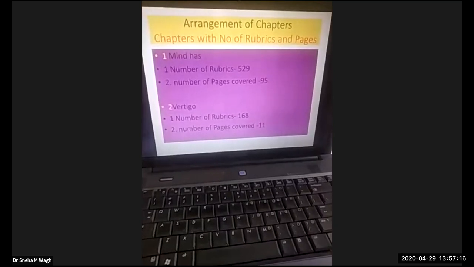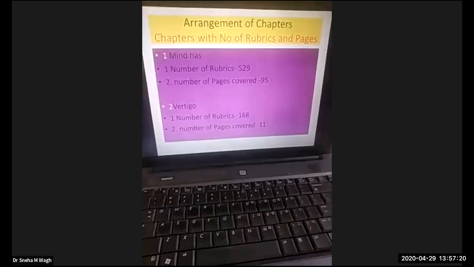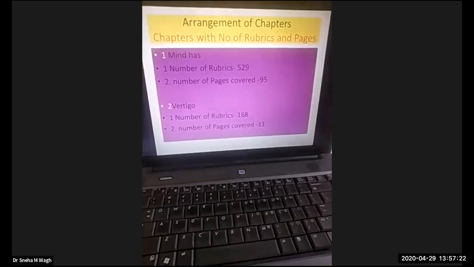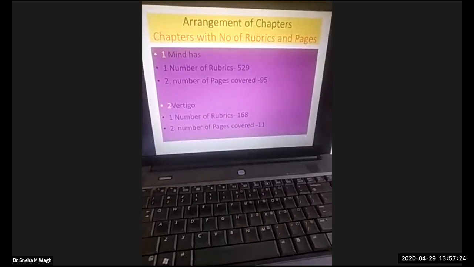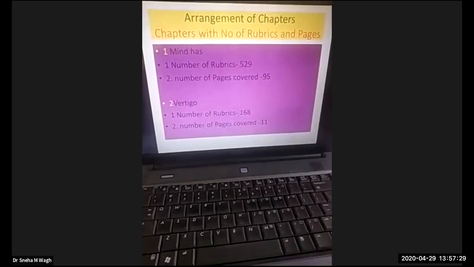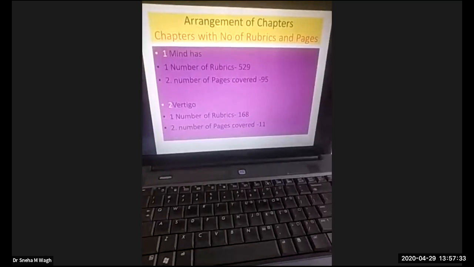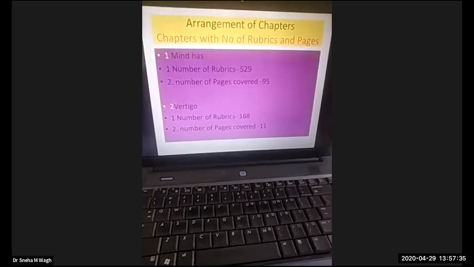In the first chapter, Mind, the total number of rubrics is 529, and the total number of pages covered is 95. The second chapter, Vertigo, has 168 rubrics over 11 pages.